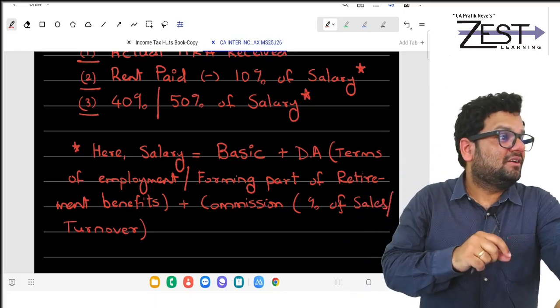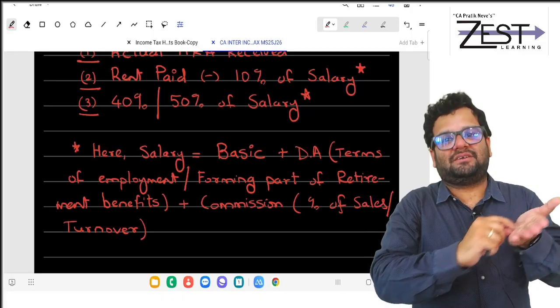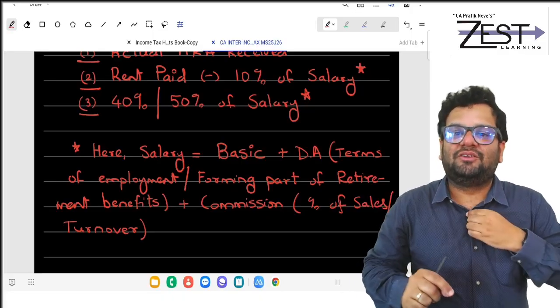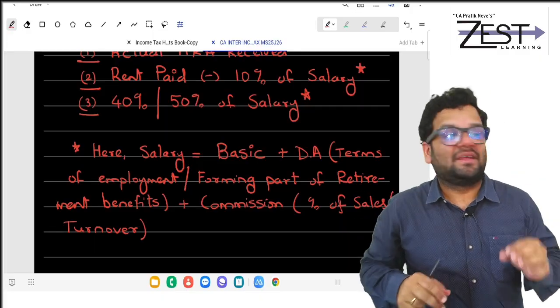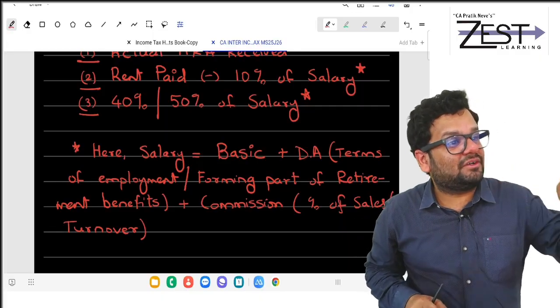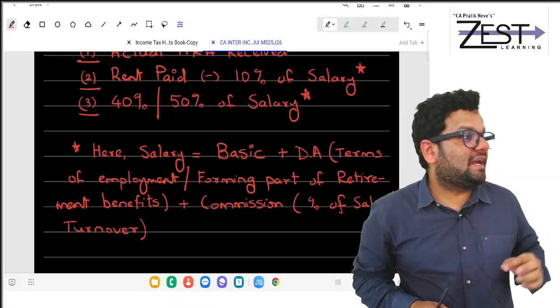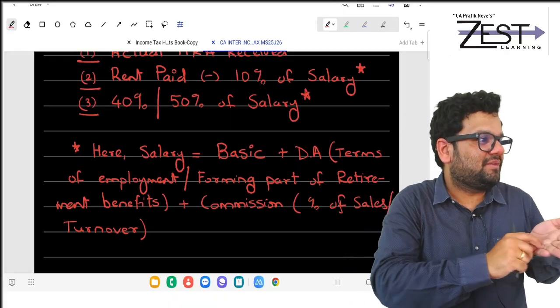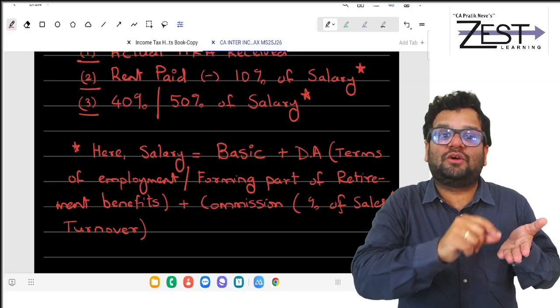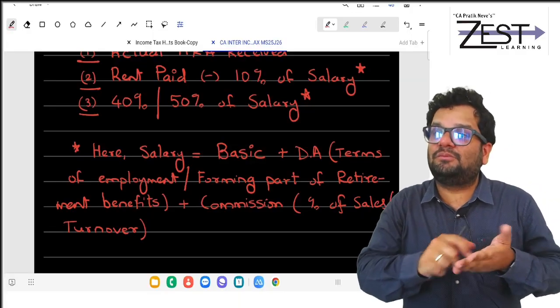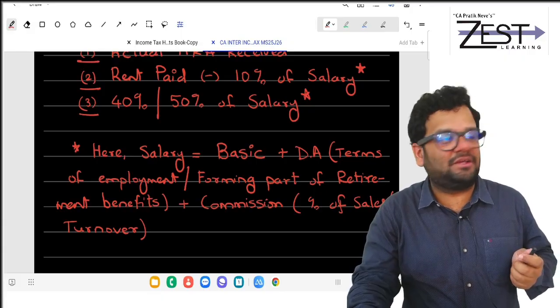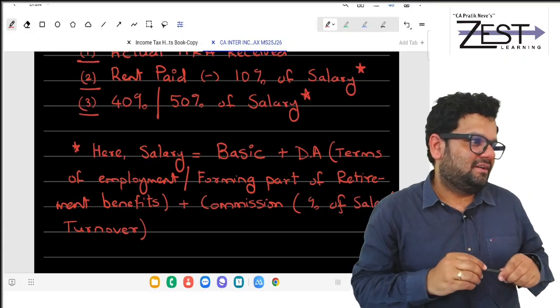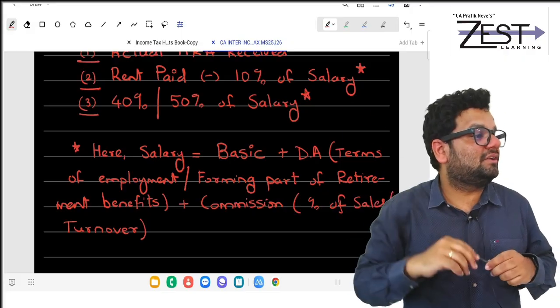But that DA which is given in your employment agreement, not haphazard DA. That DA which is as per terms of employment, which is fixed in the agreement and forms part of salary for retirement benefits, means it's a formal DA. It's not informally given. That DA. Dearness allowance, and lastly what is it?